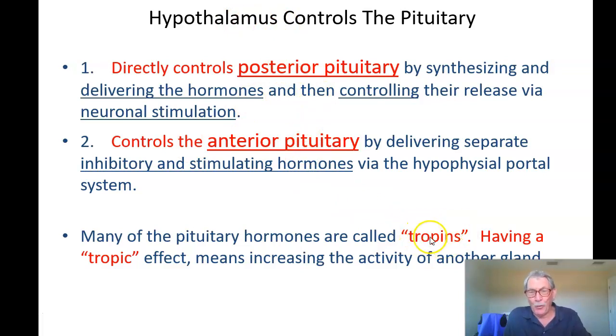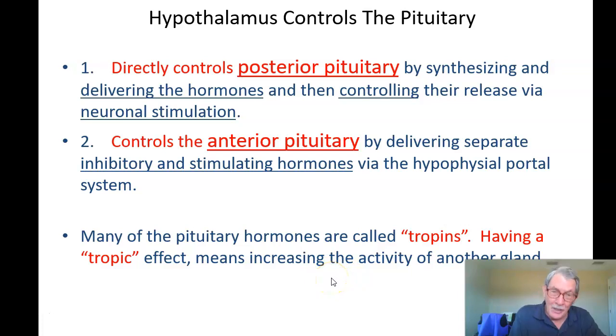A tropic hormone is a stimulating hormone. It turns things on. You know, if you have a tropic effect on something, it causes it to grow or increase its activity. So the ones coming from the hypothalamus into the anterior pituitary stimulate the anterior pituitary. So they're tropic hormones. Most of the ones coming out of the pituitary are tropic also.